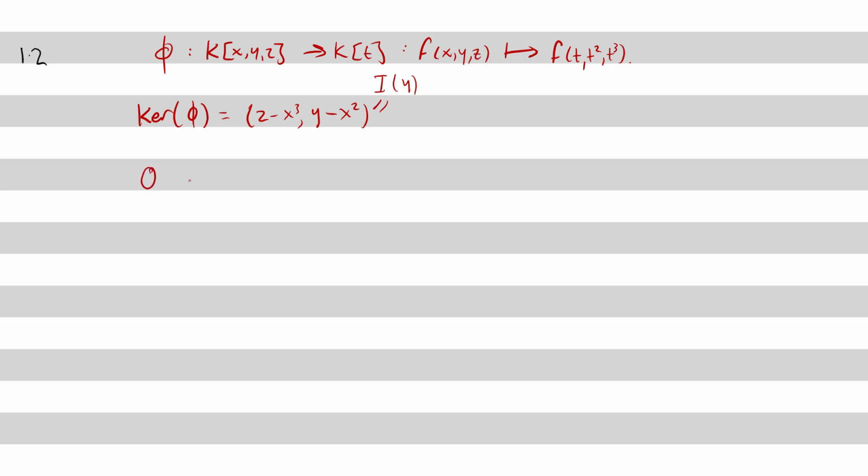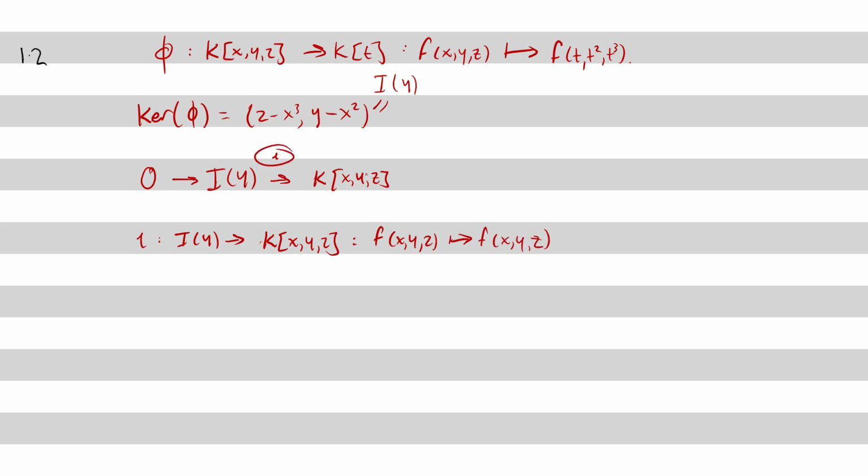Therefore, we have the following short exact sequence of k-modules. 0 into I(Y) into k[x, y, z], and this is just an inclusion, where f(x, y, z) maps to f(x, y, z).